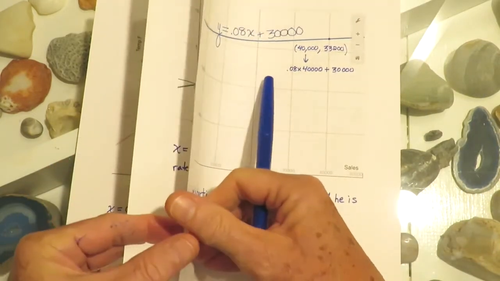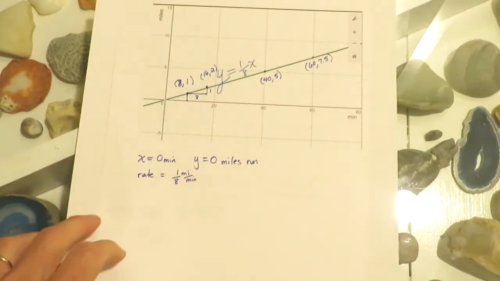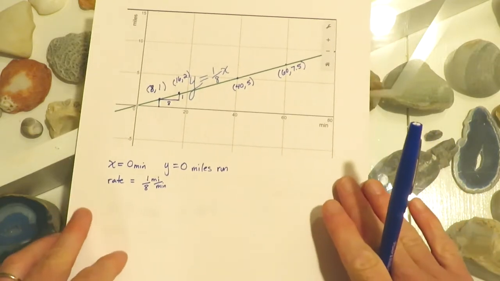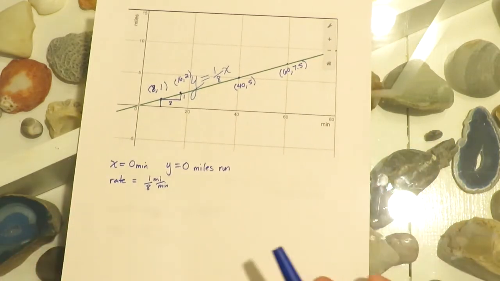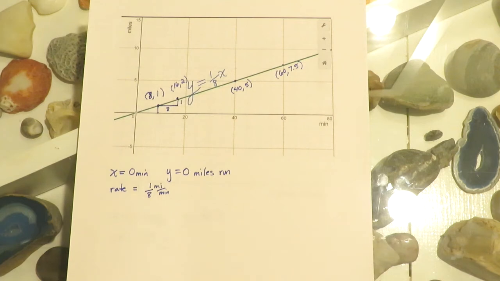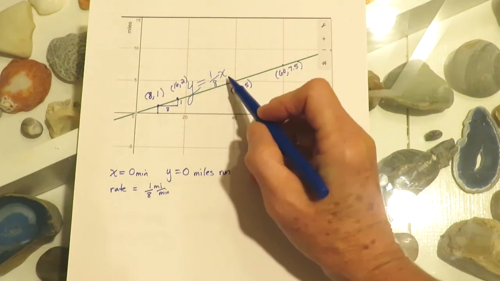Looking at another example, suppose I go out running and I run at 1 mile per 8 minutes, or in other words, 8-minute miles, then a formula that reports back how far I've gone is y equals 1/8 x.